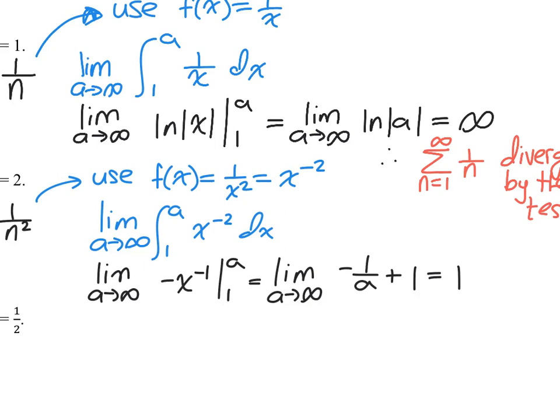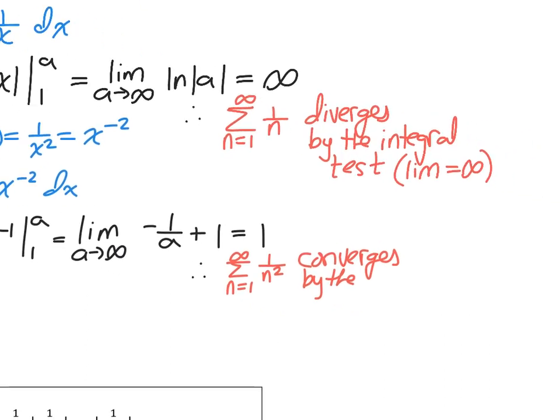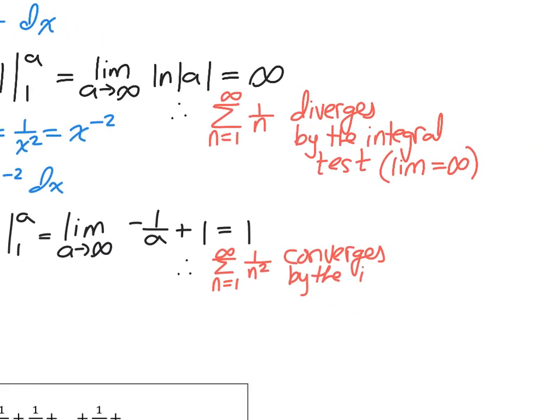So we can draw the conclusion that going from 1 to infinity, the p-series 1 over n squared converges by the integral test. And that's because the limit exists.